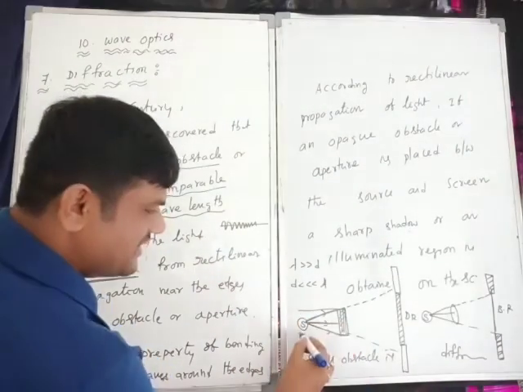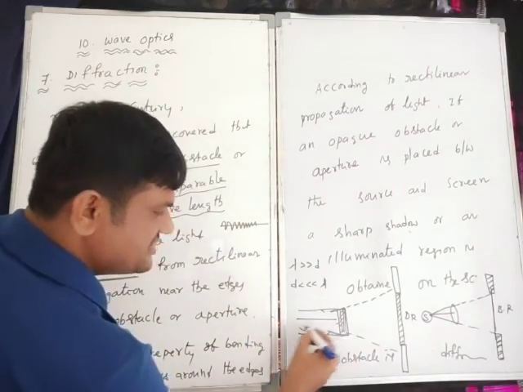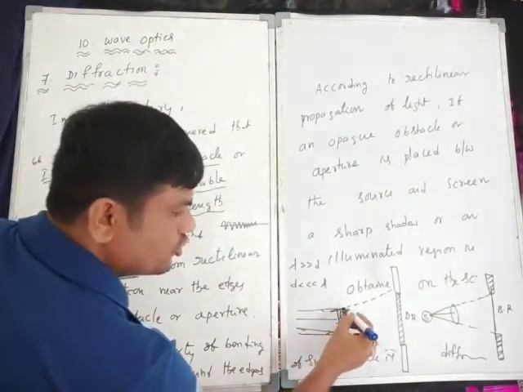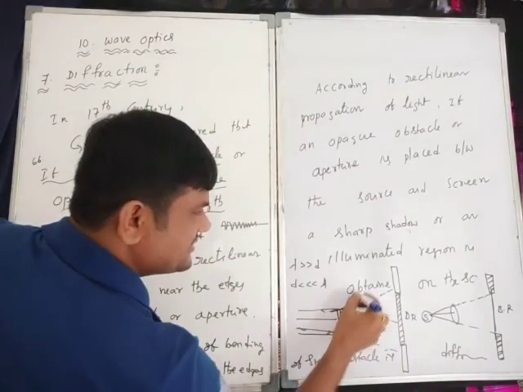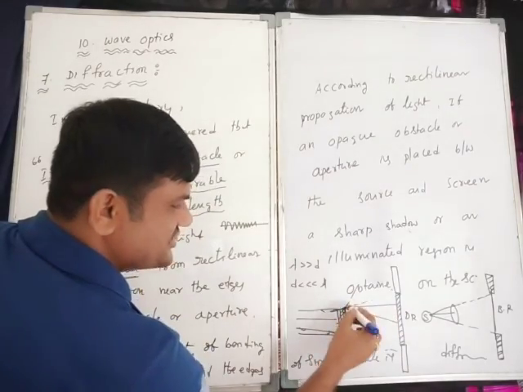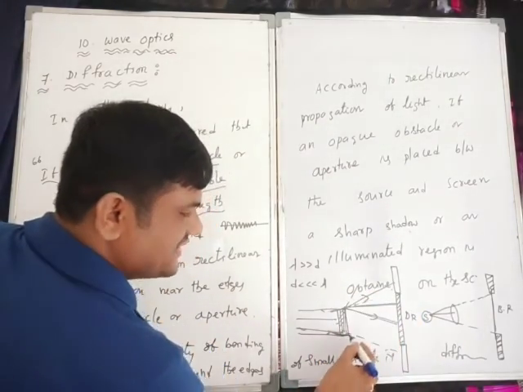For example, the light is moving in a straight line in this manner. Then it can move in this direction and in this direction. It can bend.